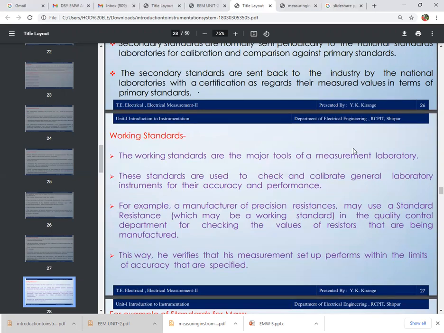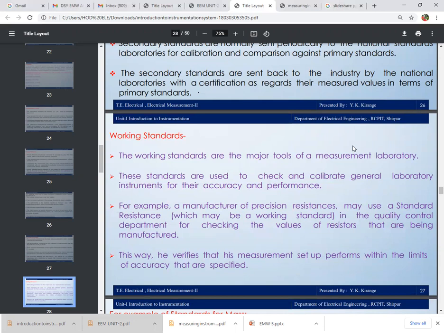These standards verify that the instrument setup performs within the limits of accuracy given as per the specification. For example, a manufacturer of precision resistances may have standard resistances in the quality control department for checking the values of resistors that are being manufactured.